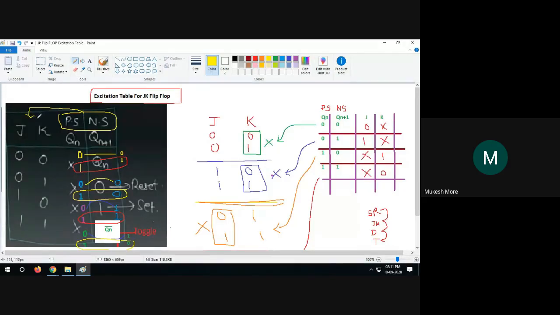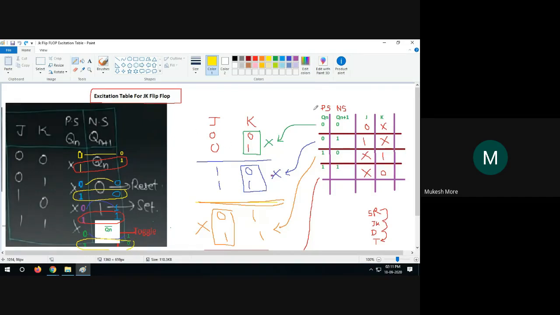Now, for the excitation table, we always consider the present state and next state, Qn and Qn plus 1.